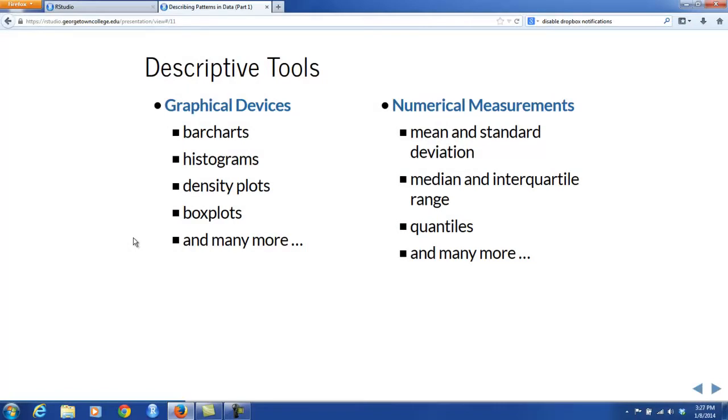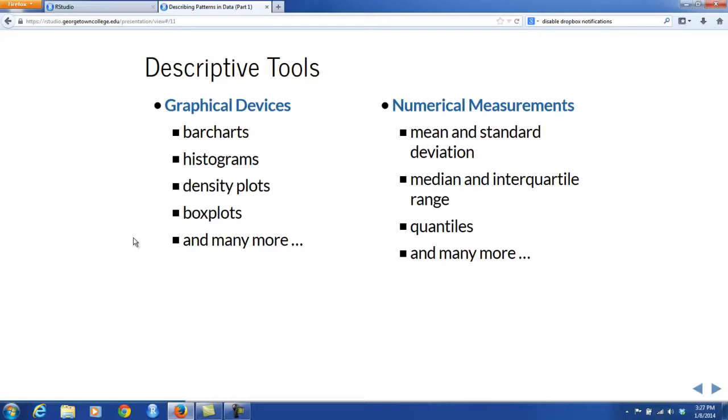There are graphical tools and numerical tools. The graphical tools include bar charts, histograms, density plots, and box plots, and many, many more besides the ones that you're going to learn about in this chapter. And they're often very exciting and very informative and a lot of fun to produce.